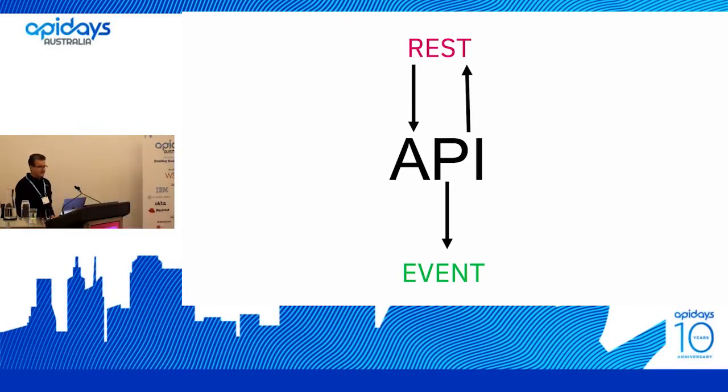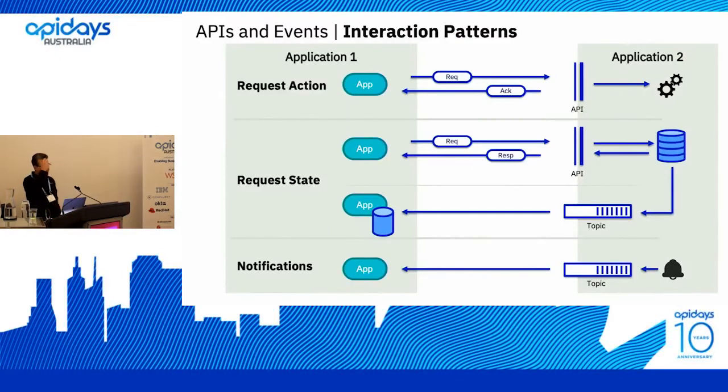Before we do that, just a quick recap on interaction patterns. I won't spend a lot of time on this. I think everybody in the room will be fairly familiar with this material. But why events alongside APIs? Let's talk about the way that two applications interact. At the top of the slide you've got application 1 and application 2.